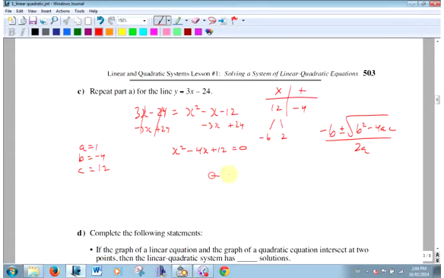Plug them in. Minus 4 is plus 4, plus or minus the square root of negative 4 squared. That's just same as 4 squared. 16 minus 4 times A is 1, C is 12, all over 2 times 1. 4 plus or minus the square root of 16 minus, what's 4 times 1, Dannon? 4 groups of 1.